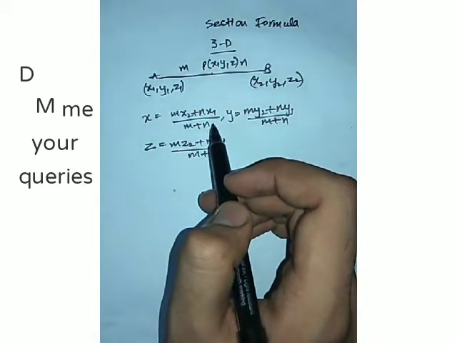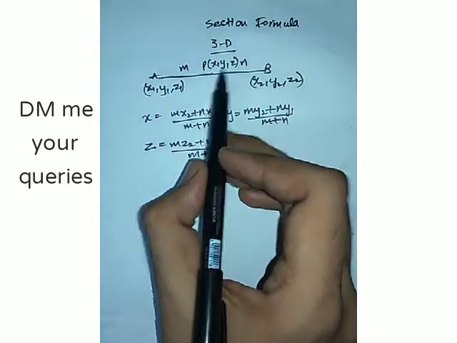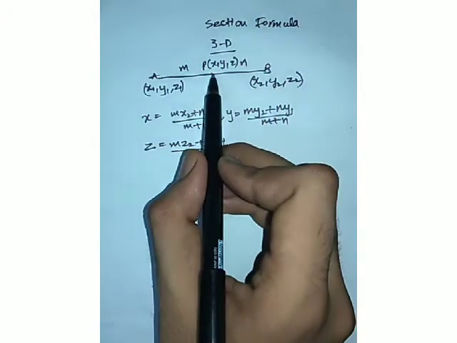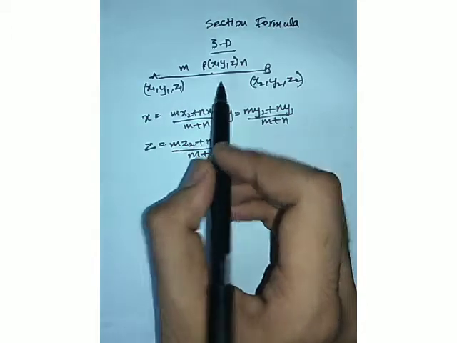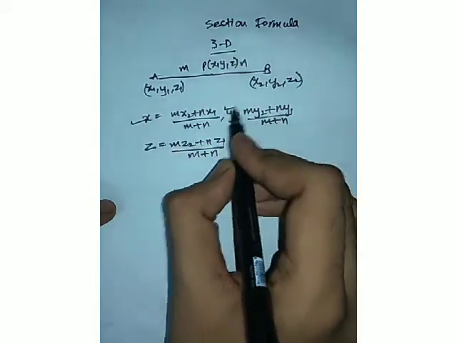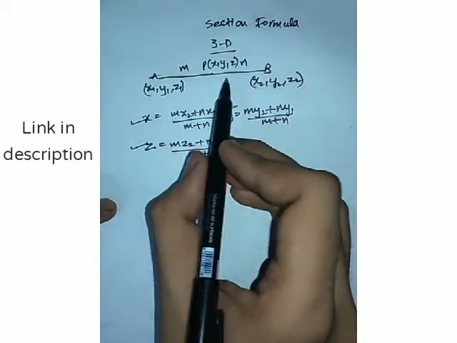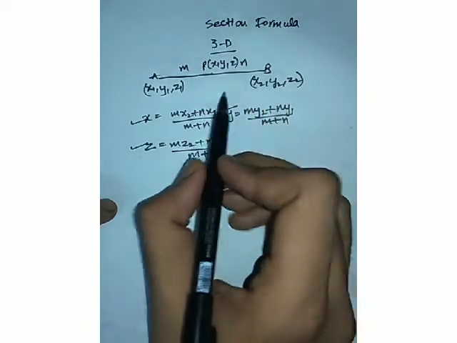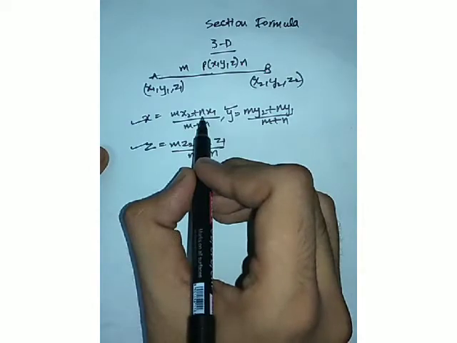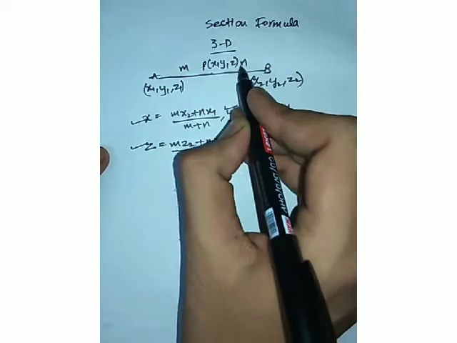Here is one more thing. There are two things, internally and externally. If a point is internally dividing the line, then the formula of the coordinates of that point is these three. But if the point is dividing the line externally, then n will be changed to minus n.